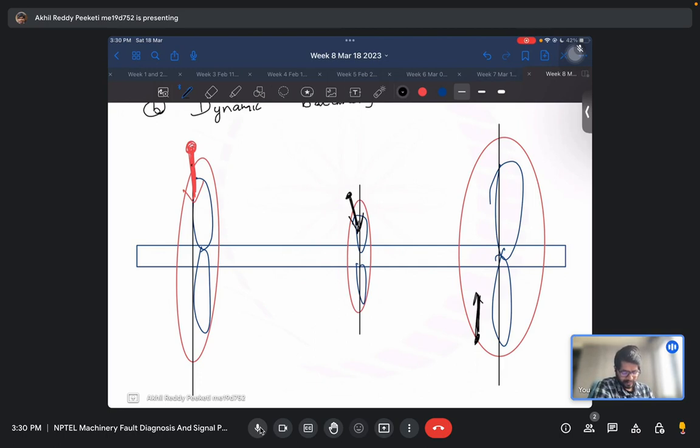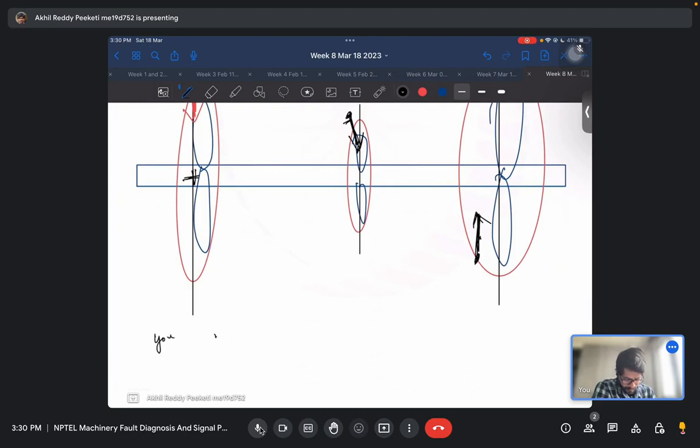Let's say if you are trying to balance it from here, you need to balance out this force and you need to balance out the couple also, because if you are looking from here, these two forces can actually create a couple or a moment. So you need to do balancing in different planes to solve for forces in different planes in such a way that there are no couples or torques generated overall.